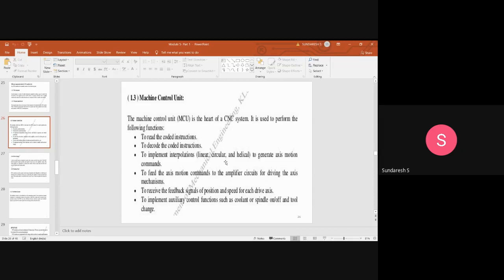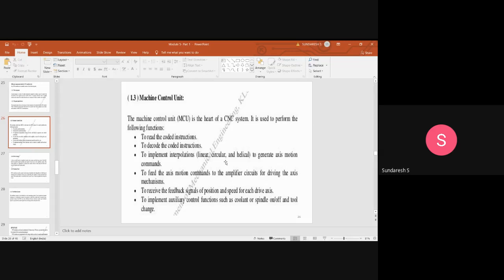The main objective of interpolation is to generate the axis motion commands and to feed them to the amplifier circuit for driving the axis mechanisms. Also, the machine control unit receives the feedback signals of position and speed for each drive axis.